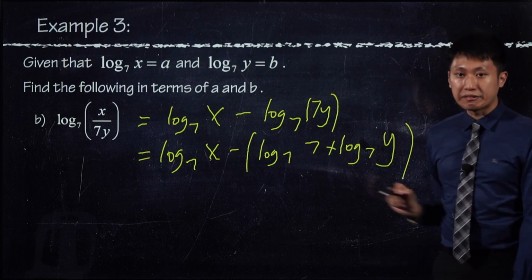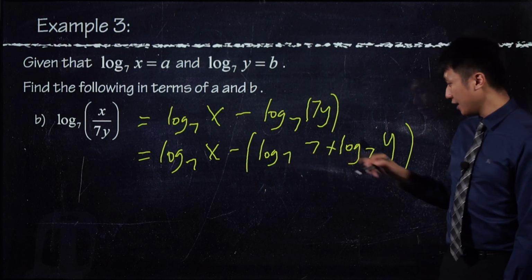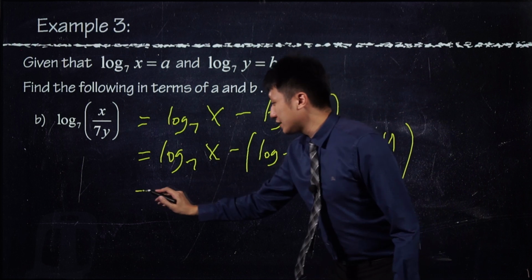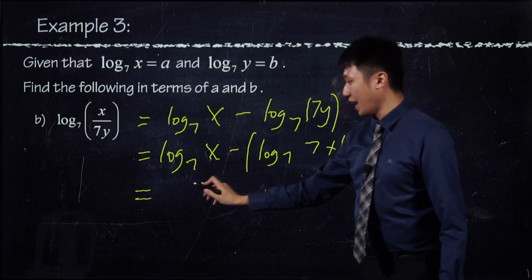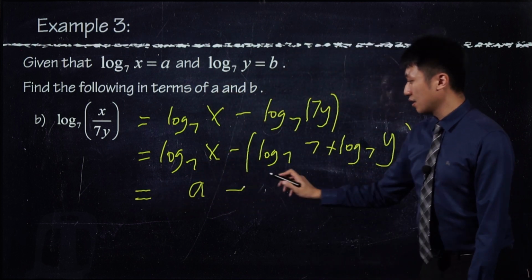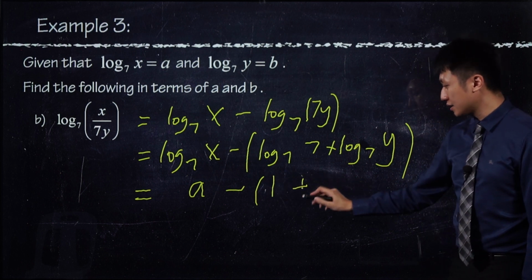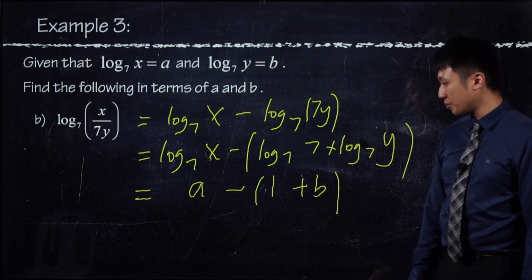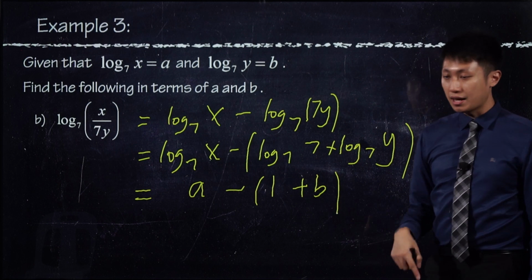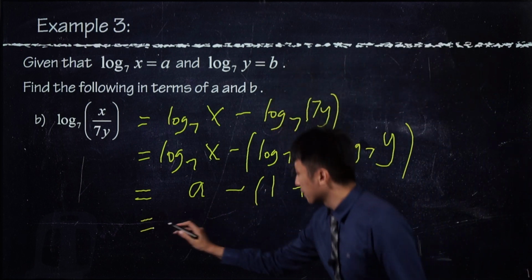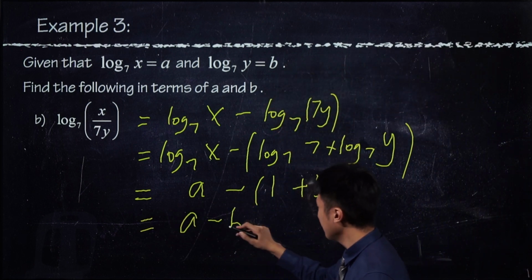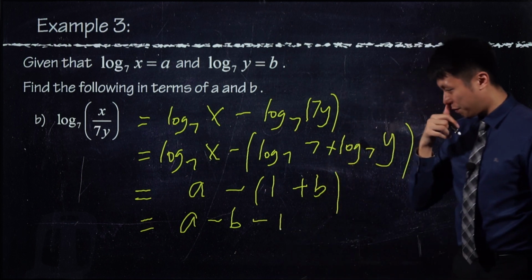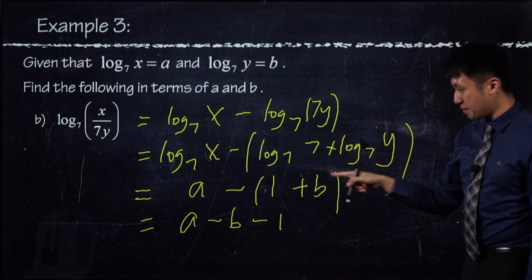What is log 7? It's 1. Okay, 1 plus this. So left hand side, it gives you log 7x, which is a, minus 1 plus b. So answer will be a minus b minus 1. A minus b minus 1. Got it? A minus b minus 1.